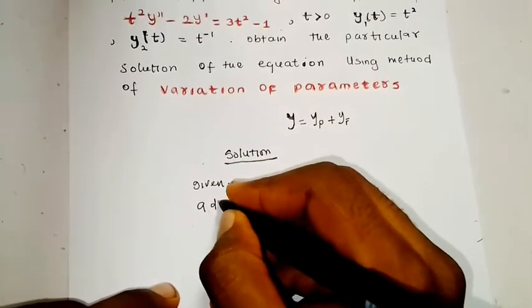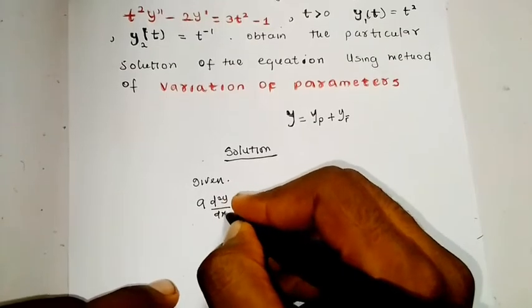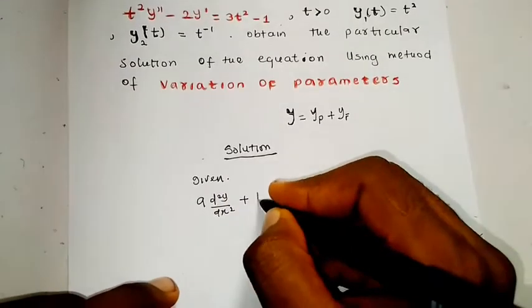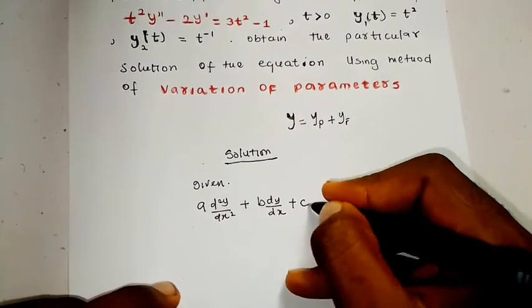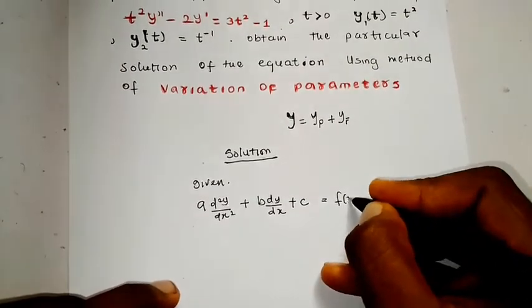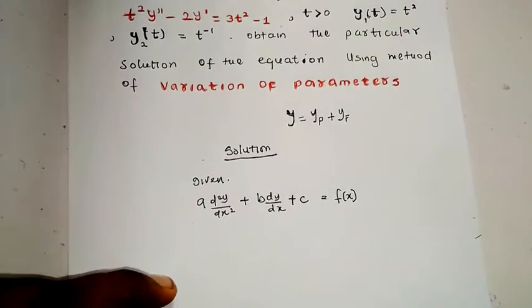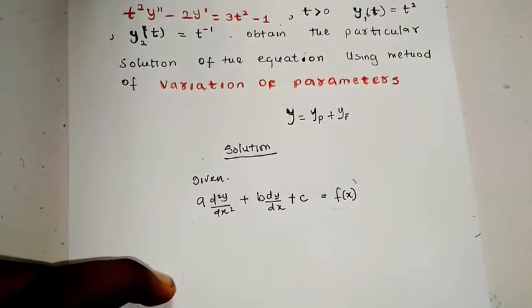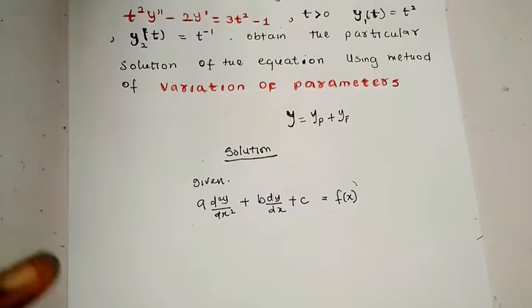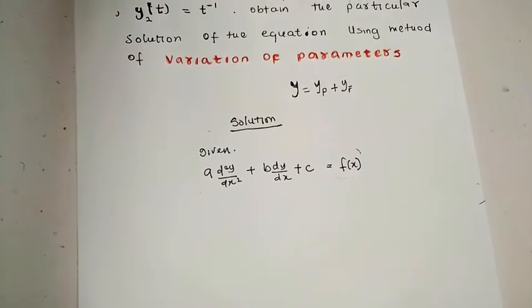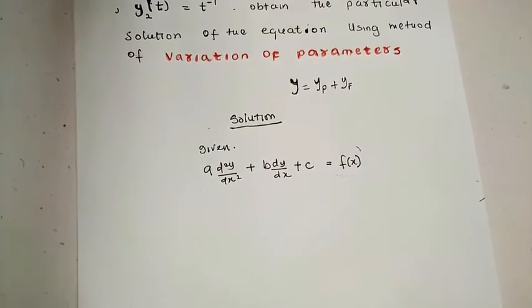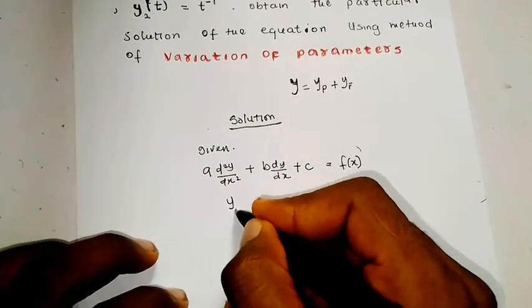a d squared y dx squared plus b dy dx plus c y equal to a function of x. Now, this is a non-homogeneous differential equation because of this function of x. Given this second order differential equation, the solution using variation of parameters will be yp, which is the particular solution.